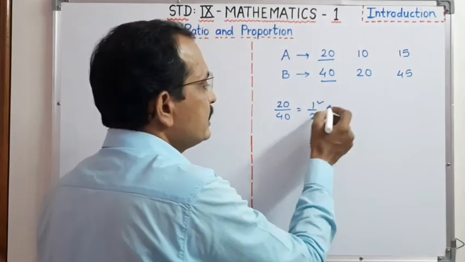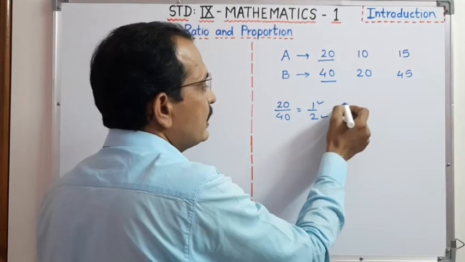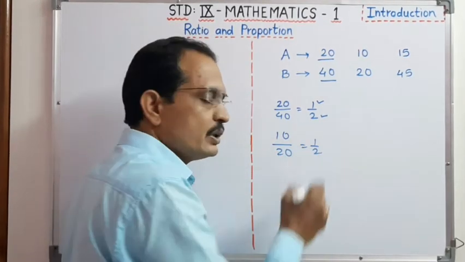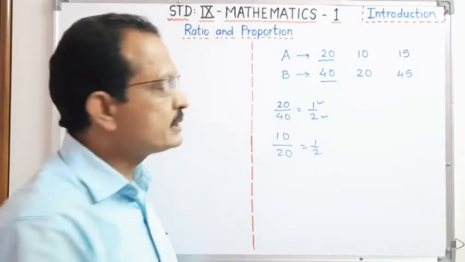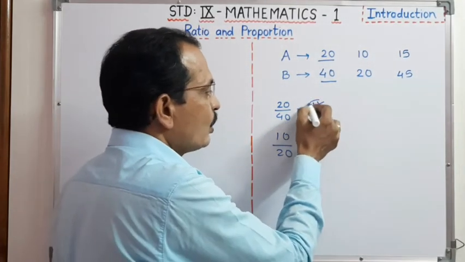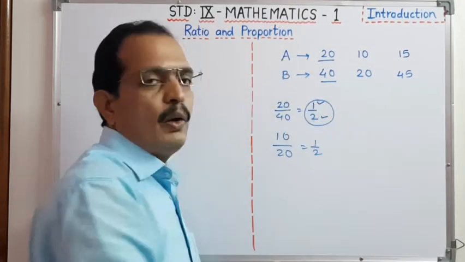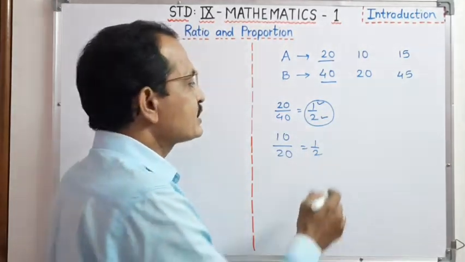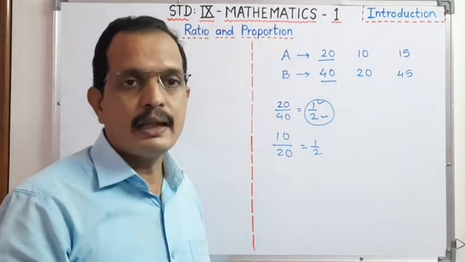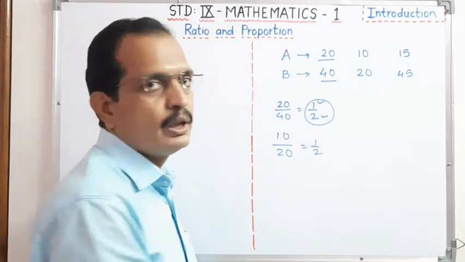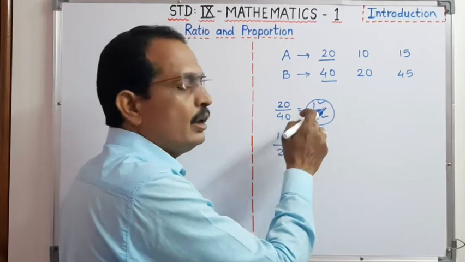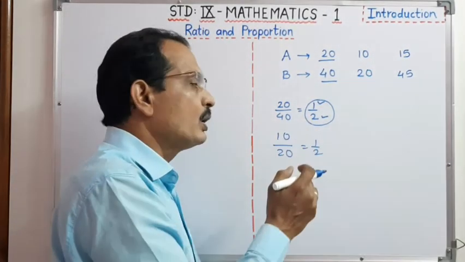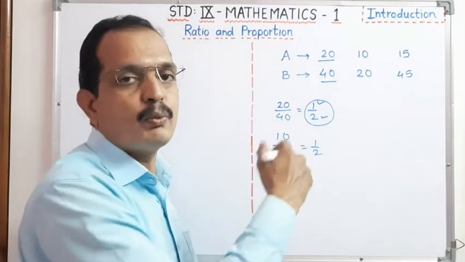In this comparison, 10 and 20 also give the division 1 upon 2. Now in this case we can say that when A got 1 mark, B will get 2 marks. That means marks of B are double that of A. See dear students, marks of B are double that of A, or we can say that A got half the marks of B.